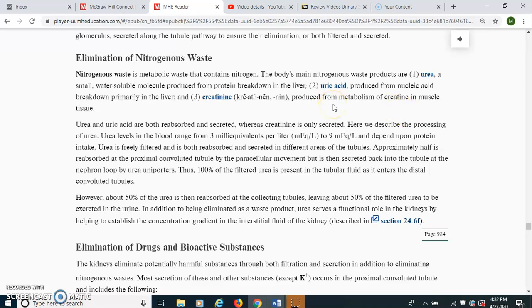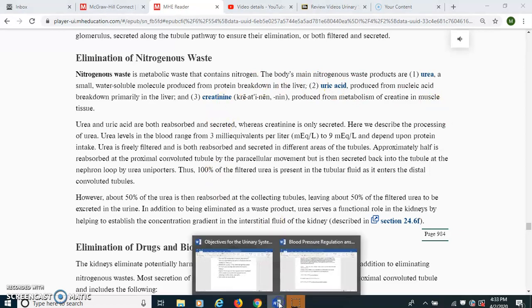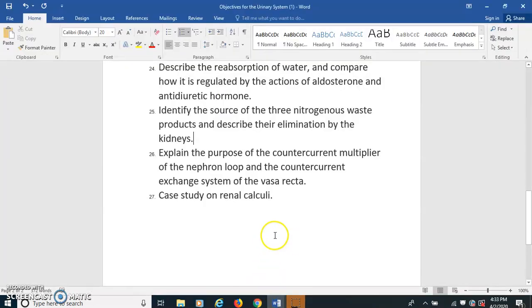One of the ways is to look at blood work and look at these waste products in the blood and see what the levels are, and that along with other information may help you determine the function of those kidneys, or if they're not functioning well, at what level are they not functioning. So there's different stages of kidney disease and things like that. So, all right. So that's our waste products, what you should know about them.